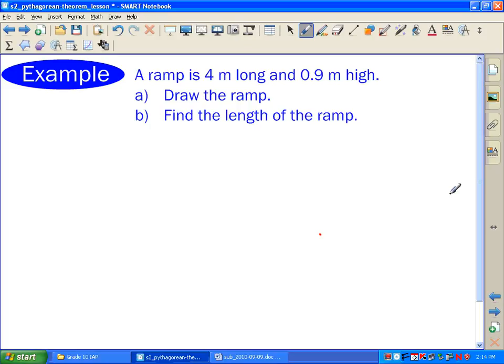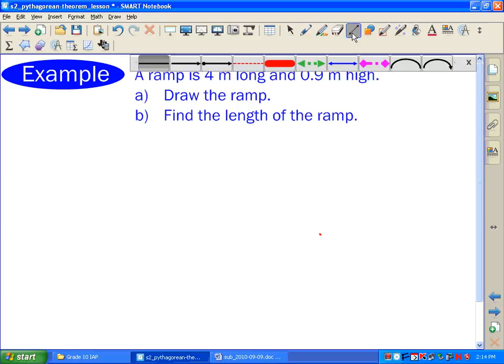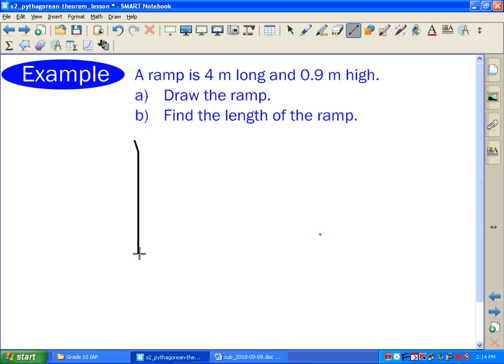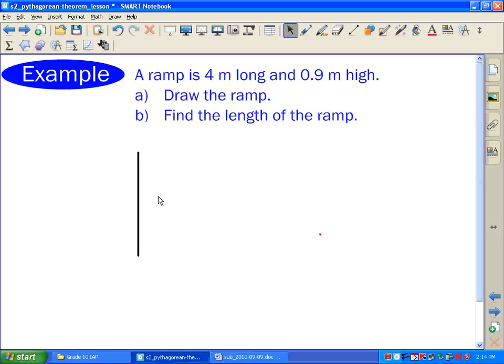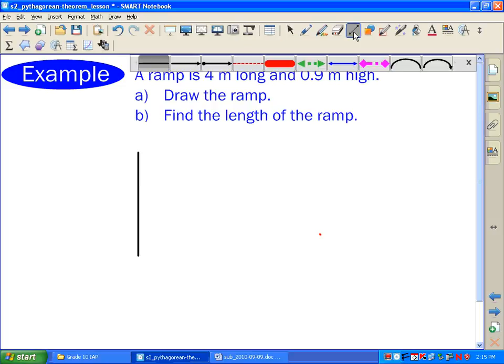So when it comes to a word problem, there's an old saying that a picture's worth 1,000 words. And pictures usually help us visualize what we're looking at in a problem. So it says it's 4 meters long. So maybe it's something like this. And I'm going to get rid of that piece there. And it says it's 0.9 meters high. Okay, so obviously I can't read.